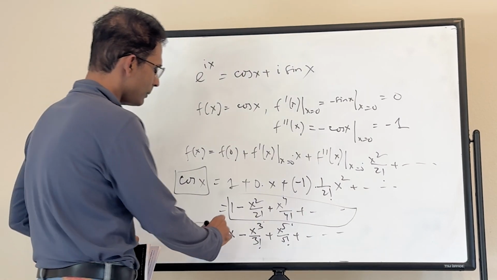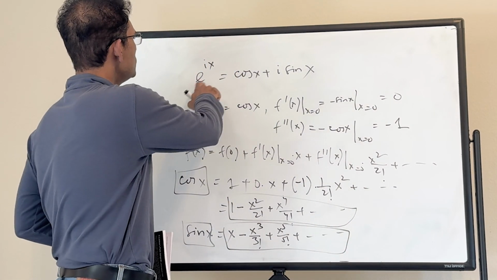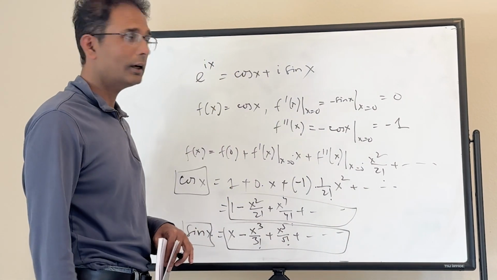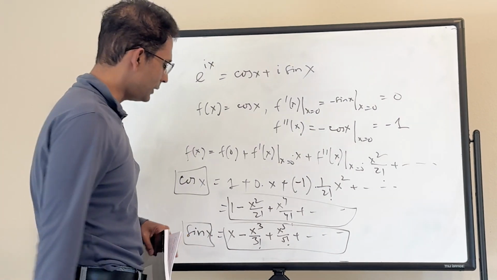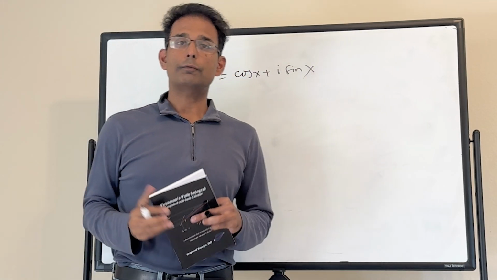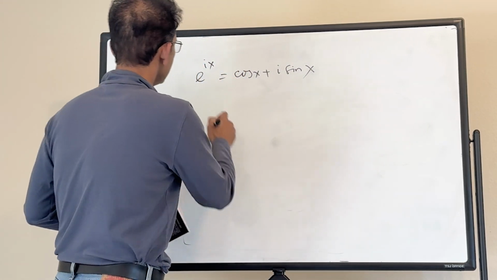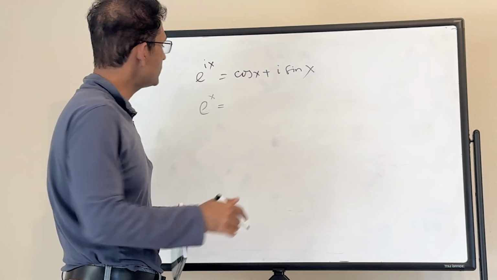Okay, the series expansions of sine and cosine, to evaluate e to the ix. Okay, so we are going to write the e to the ix in a series form first. Okay, so let's do that. So first, we're going to write e to the x in terms of the Taylor expansion, just e to the x.